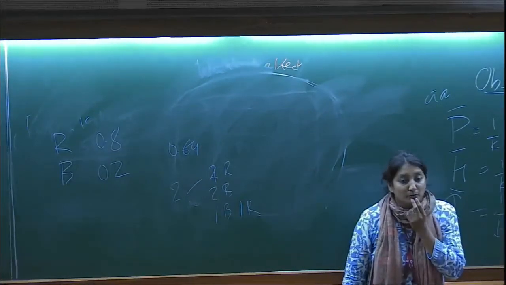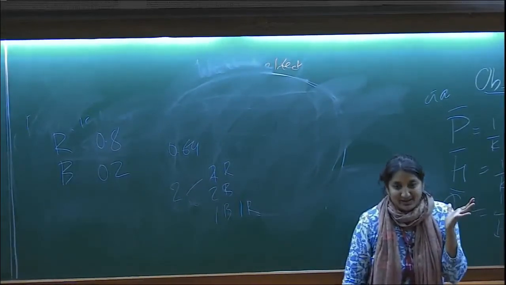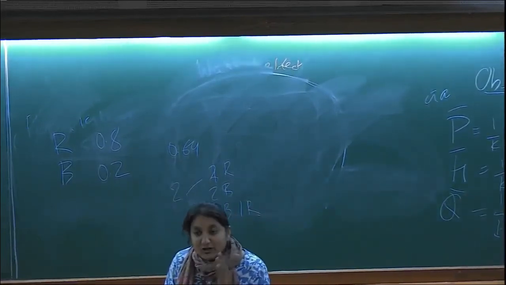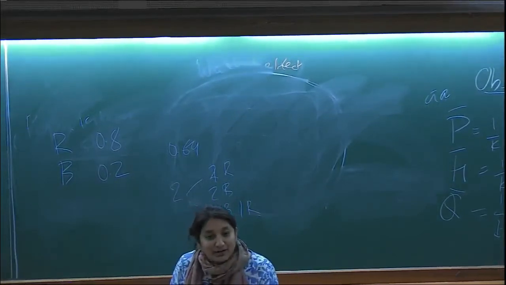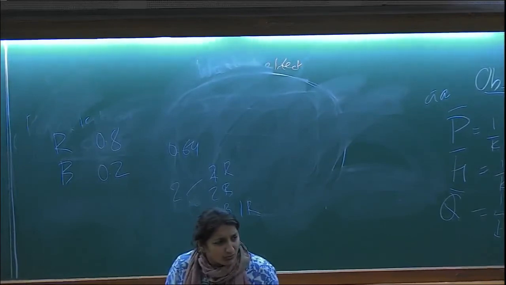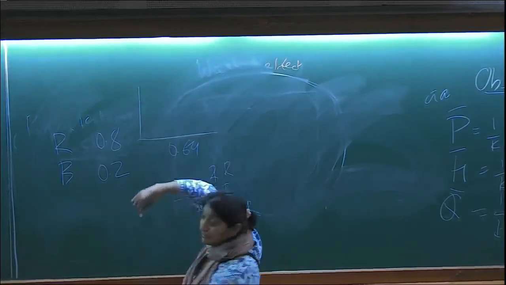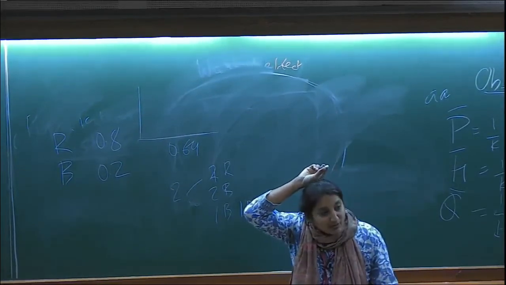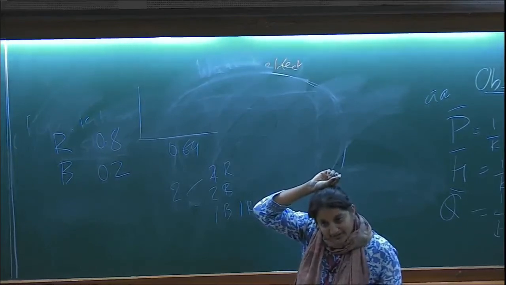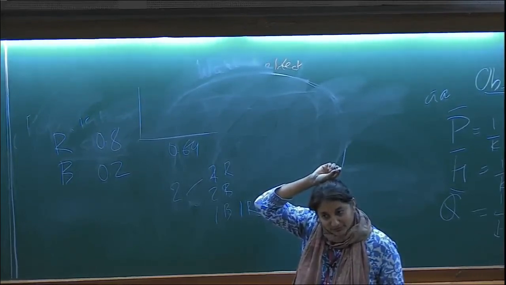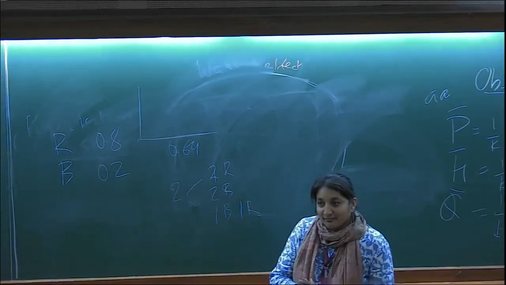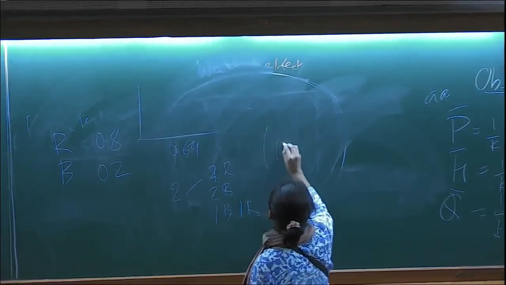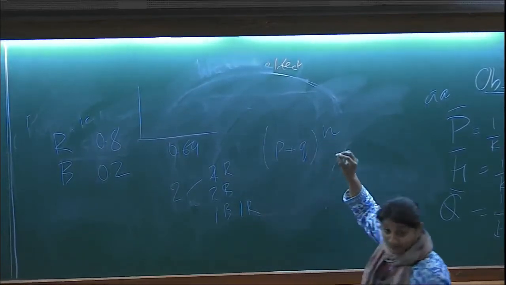But the same thing is true if you pulled out 50 alleles. If you pull out 50 alleles, will you always get exactly 25 reds and 25 blues? No. You will get a distribution, right? And if you have 50 trials, what is the probability of having exactly 25 reds and exactly 25 blues? You guys know this. It is (P plus Q) raised to N, right?